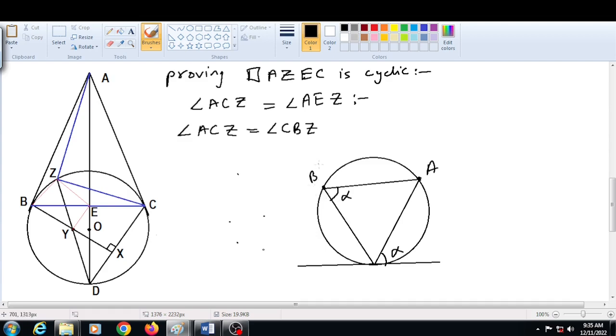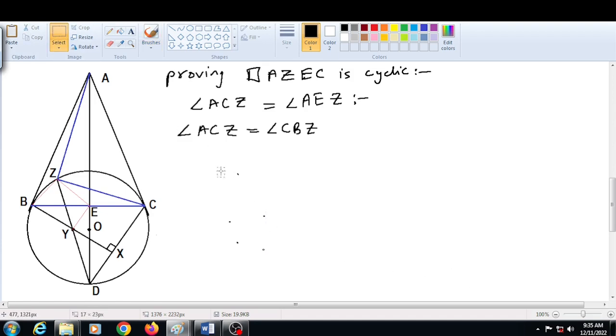No matter where this point B is, if the point B is over here, still you have the same property. This is also alpha, and this angle over here is also alpha. Based on this property, we have angle ACZ equal to angle CBZ.